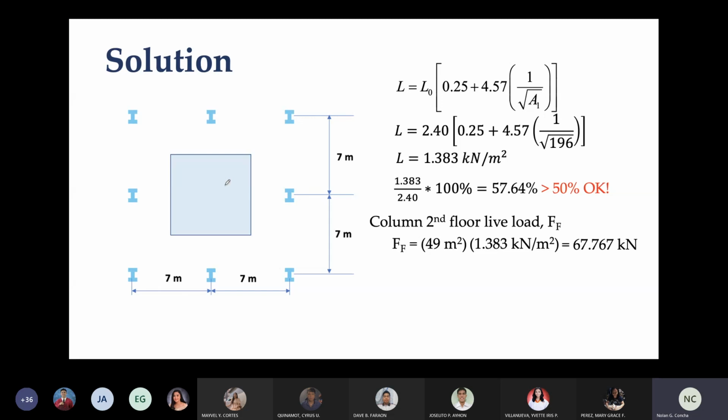So we multiply it, we have the concentrated force in the column on the floor. Eh yung nandoon sa taas, sa roof, meron na kanina, just kukunin na lang natin yung sum. Ito yung nandun sa roof, ito yung nandun sa second floor. So yung total will be 116. So yun yung actual force na dinadala nung column, considering reduction of the load in the second floor.